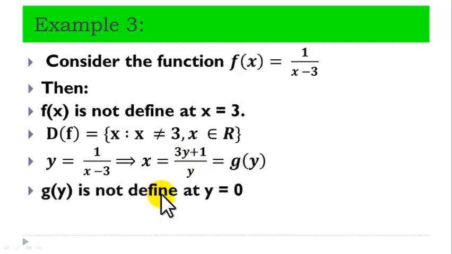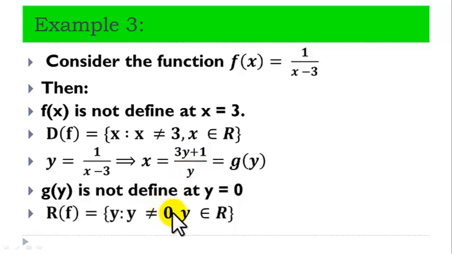This function g of y is not defined at y equal to 0, because 3y plus 1 all over 0, when you divide a number by 0, is undefined. So therefore, the range of our function f is the set of all y such that y is not equal to 0 and y is a real number. That is the set of all real numbers except 0.